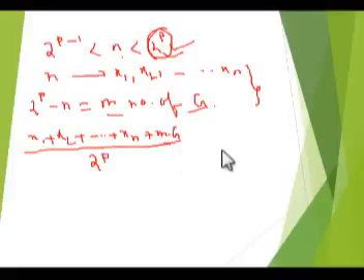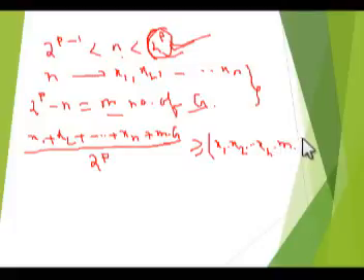Now it is greater than or equal to, since it is true for this number 2 to the power p, which I have already proved. So I can write x1 multiply x2 dot dot xn multiply g to the power m, all to the power 1 by 2 to the power p.